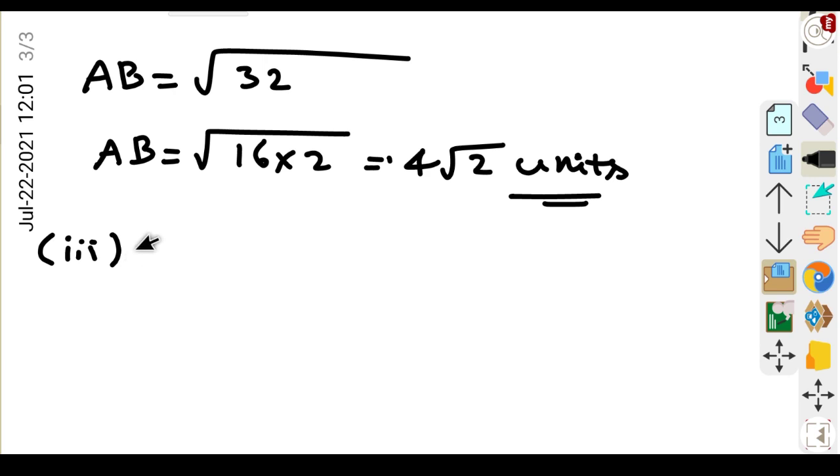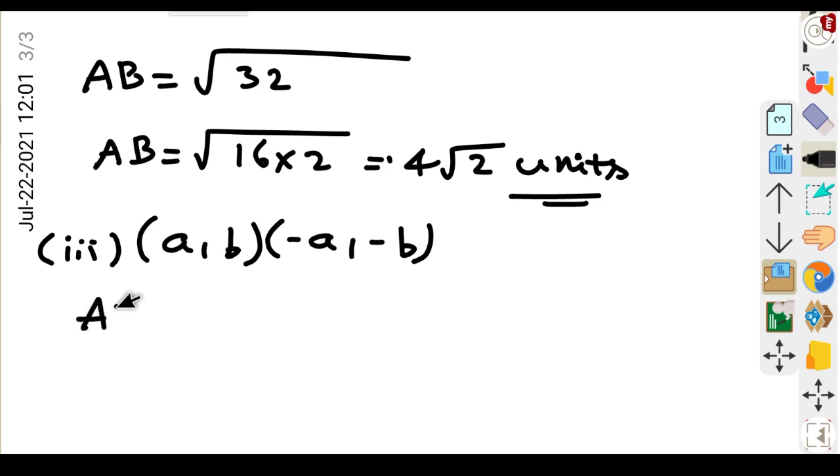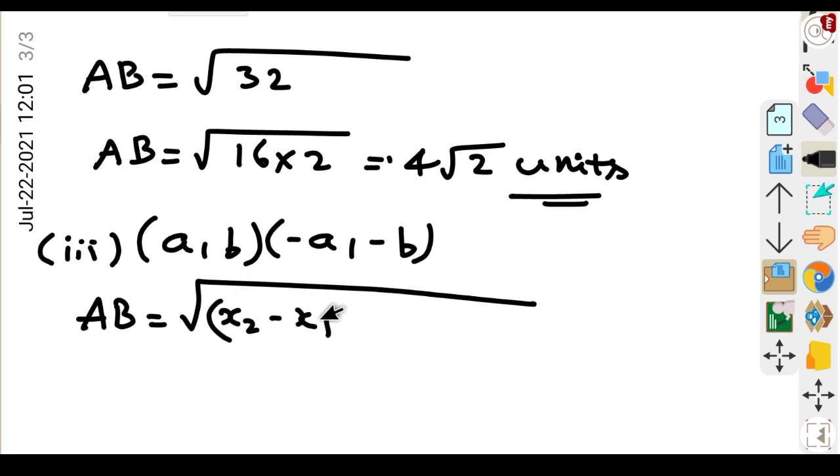The third one is a comma b, the coordinate points which they have given, and minus a comma minus b. You need to find the distance between these two coordinate points. The formula as usual, you know, is x2 minus x1 whole square plus y2 minus y1 whole square.